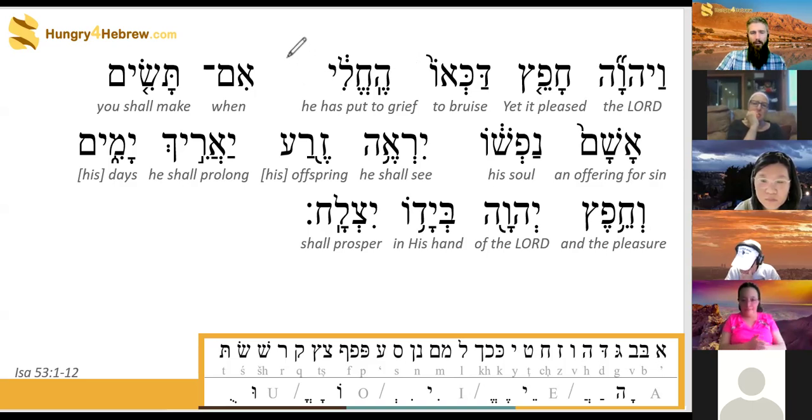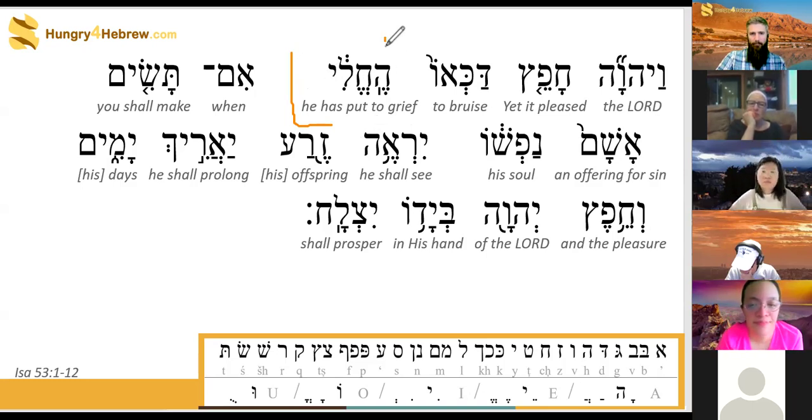Vadonai Chafetz Dakao. Hecheli. This is not the word holy, sickness, but it sure does look like it, doesn't it? Looks like the same root. Hecheli. Is this supposed to be a he feel? Wow.